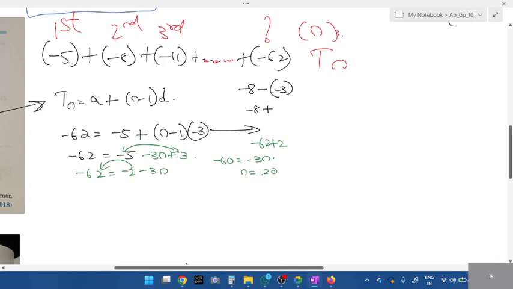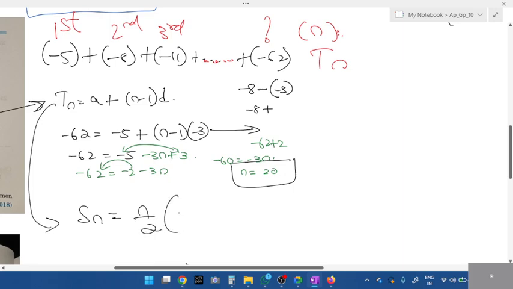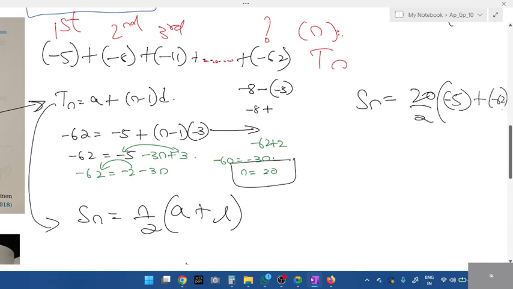Okay, tell me this, students. Let's complete. The n value we found, using Tn. If you find n, what's the shortcut we need? Sn is equal to n divided by 2 into (a plus l). What's the answer? 20 divided by 2 into first term plus last term.